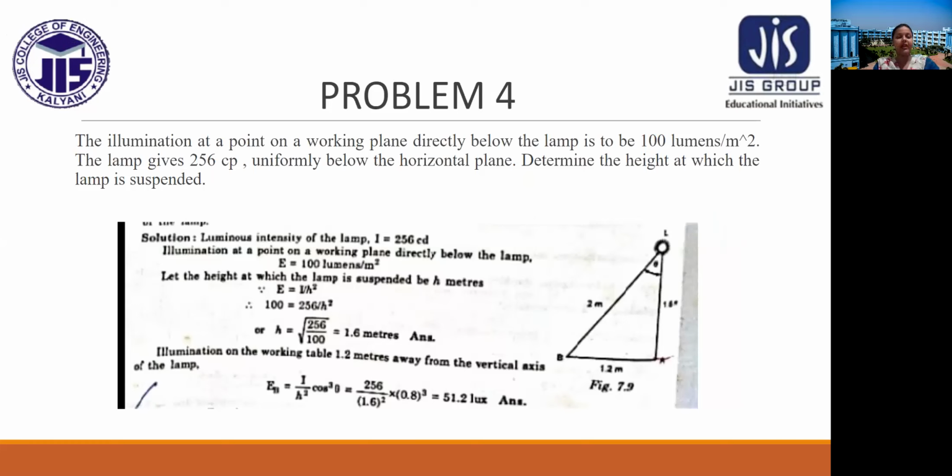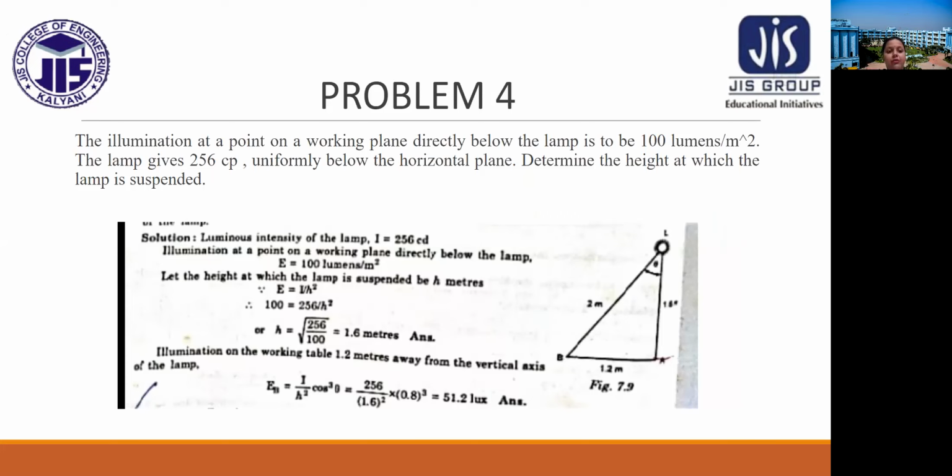Problem 4. The illumination at a point on working plane directly below the lamp is to be 100 lumen per meter square. The lamp gives 256 candle power uniformly below the horizontal plane. Determine the height at which the lamp is suspended.